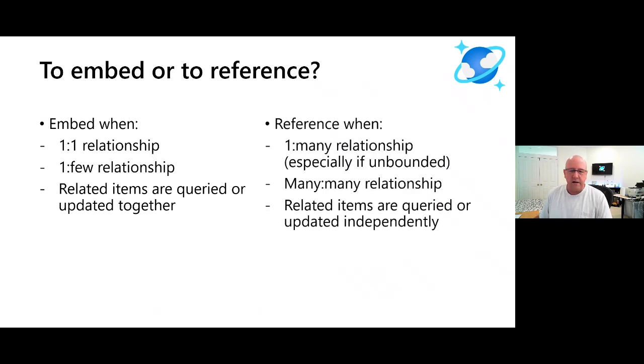To reference, there are some different rules. You generally want to reference when you have a one-to-many relationship, but especially if it's unbounded. A good example of this would be a blog platform. If I've got a blog platform and a container for posts, I would not want to embed comments within that document for my post.